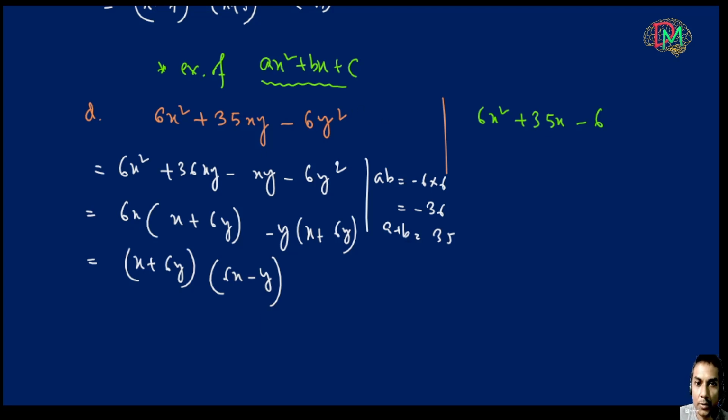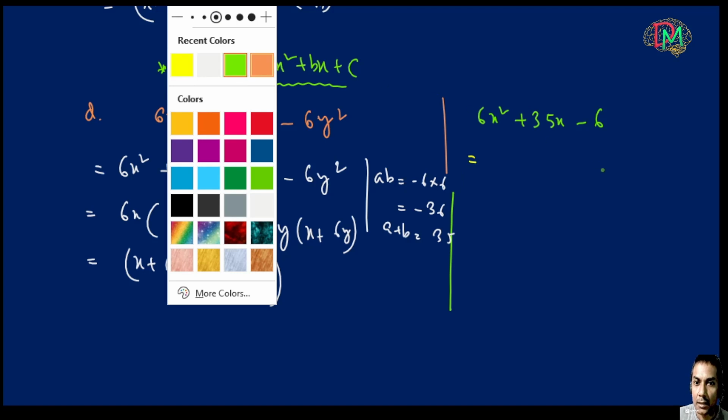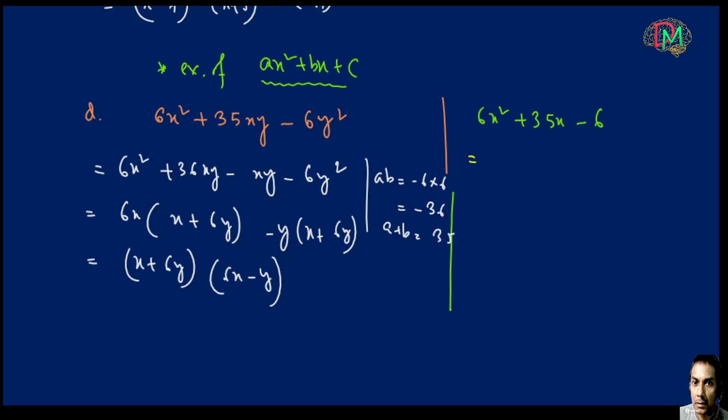Now how can you solve this part? Again here also we split the middle term: 35 and minus 6, that is ab. Apply the same method. Here you consider ab as minus 6 into 6, that is minus 36, and a plus b as 35.